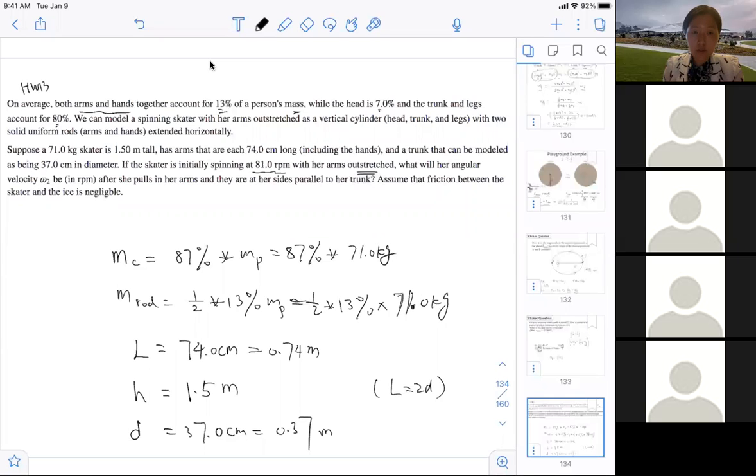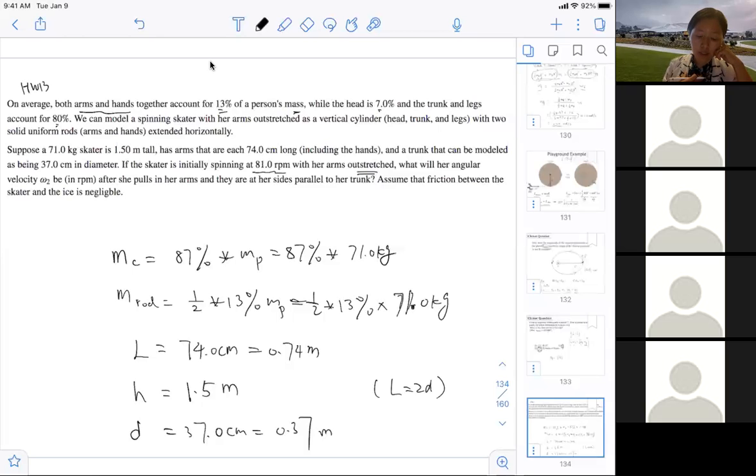So we model an ice skater with arms outstretched: the trunk, legs, and head all together are a long cylinder, and the 2 arms are 2 rods extending out. So you have a cylinder and 2 rods. This is how we're going to model the body.